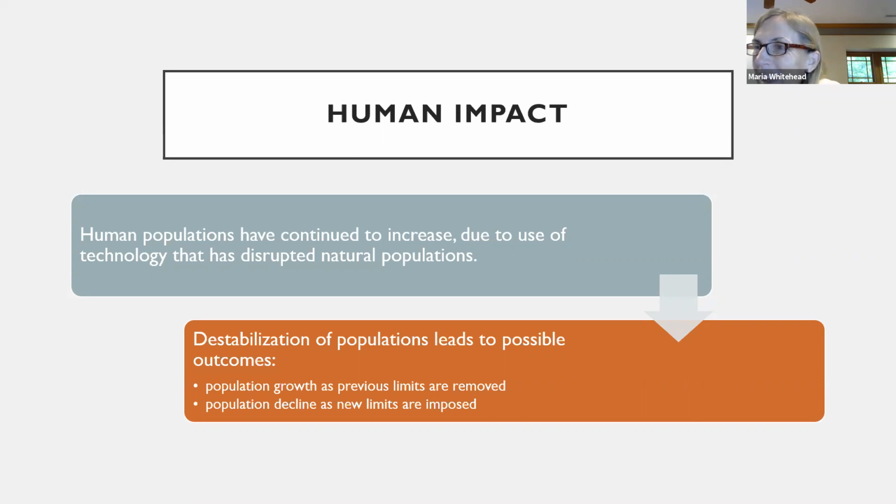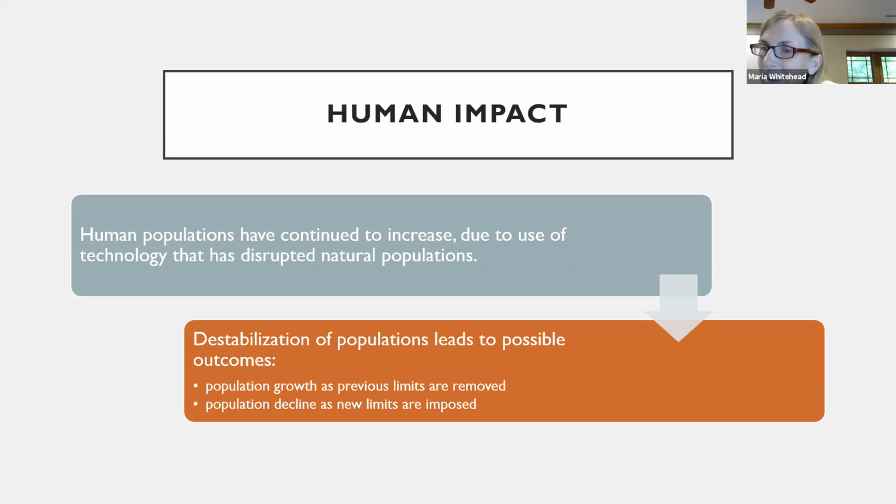And of course, we can't talk about animal populations without thinking about human impacts on those. So of course, human populations themselves have continued to increase due to technology that's really disrupted natural populations as well.